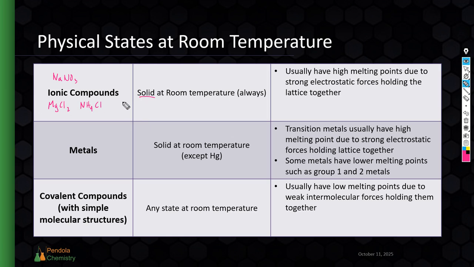room temperature. Ionic compounds are always solid at room temperature, and there's a very simple and straightforward reason for this. The melting points of ionic compounds are extremely high because of the strong electrostatic forces that hold the lattice together, aka the ionic bonds. This is all fancy terminology for saying ionic bonds are strong.